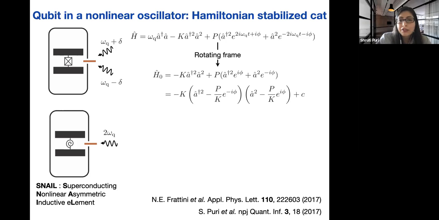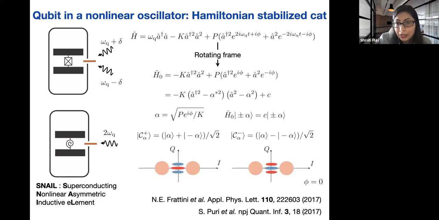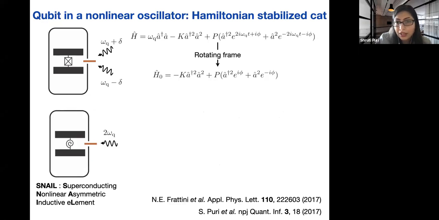Now I can immediately factorize this Hamiltonian. This is an exact factorization, and I write it in this form. I'm going to make a substitution: I'm going to call the square root of these terms over here alpha. So this Hamiltonian becomes like so. Now you'll immediately see that there are 2 coherent states, plus and minus alpha, which will be destroyed by this term.